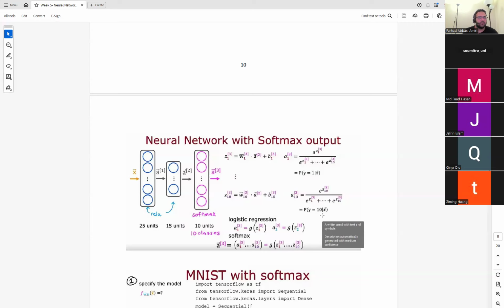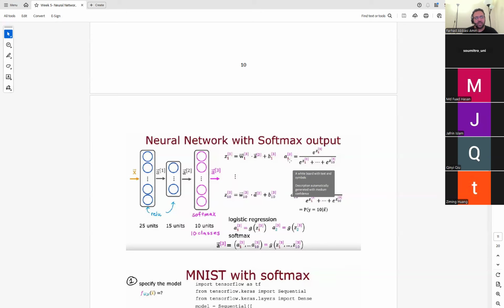One thing that you should keep in mind is that when you're working on logistic regression, the A or the g of Z, for example, the first activation value of the third layer is just a function of Z1. A2 is just a function of Z2. But if you take a look at softmax activation functions, the A, this output here, is a function of Z1 up to Z10.